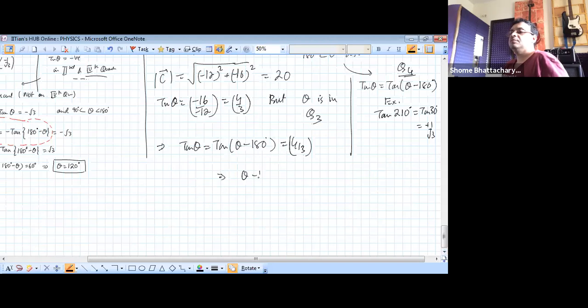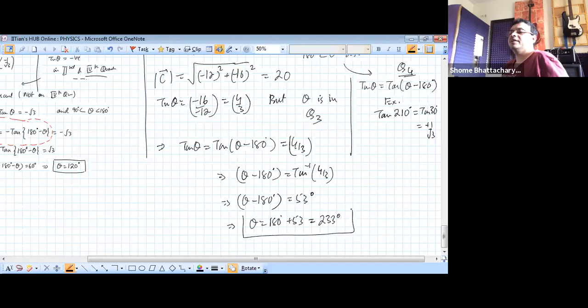So theta minus 180 degrees is tan inverse 4 by 3, or theta minus 180 degrees is 53 degrees. So theta is equal to 180 plus 53, or 233 degrees. So again, it becomes a complicated process.